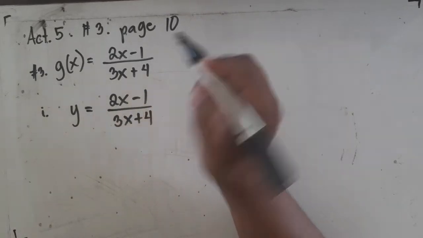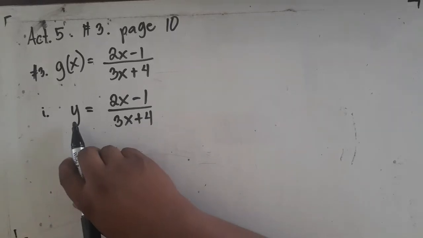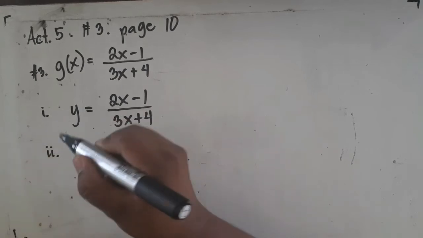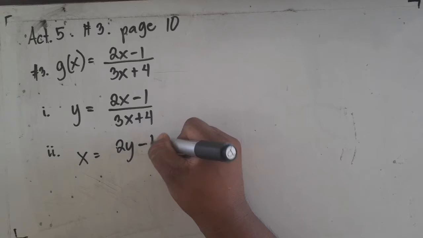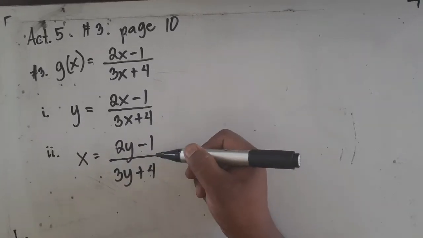The next step is interchange y values into x values. So tanan y, ilisan ni mog x, tanan x, ilisan ni mog y. So this is x equals 2y minus 1 over 3y plus 4.